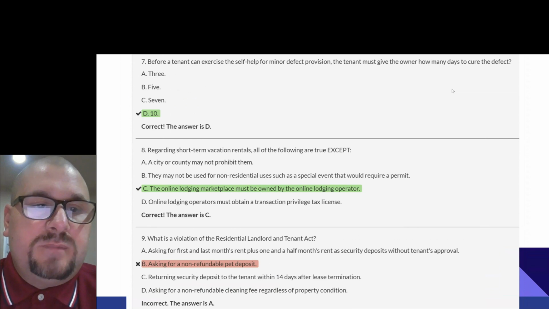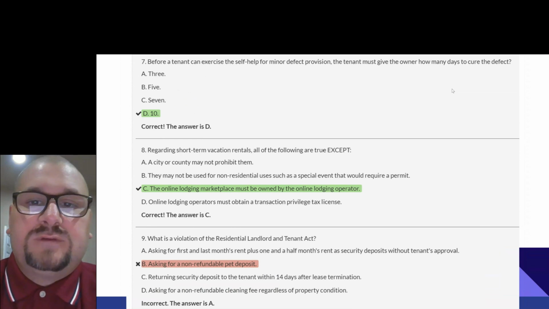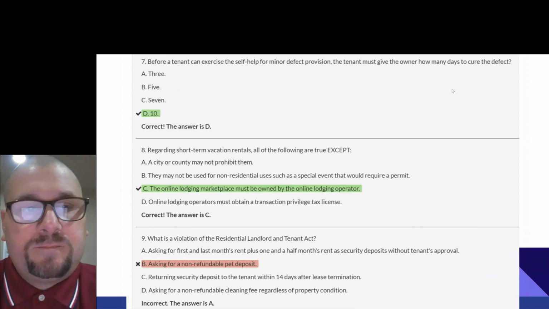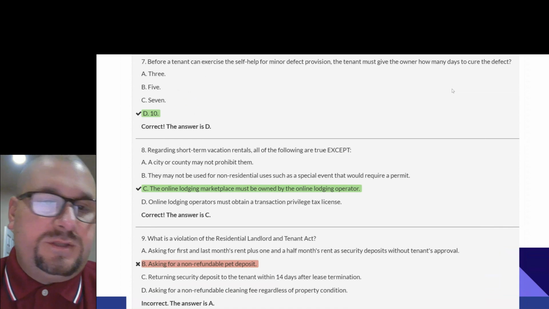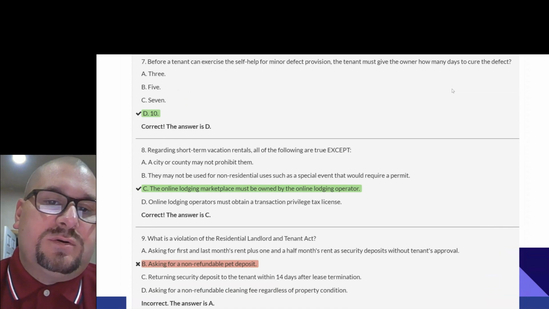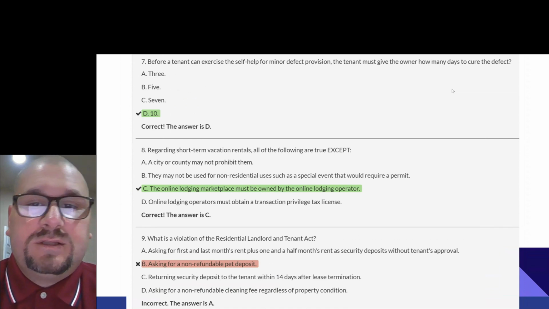True. They may not be used for non-residential uses, such as special events that would require a permit. True. Online lodging operators must obtain a transaction privilege tax license. True. The online lodging marketplace must be owned by the online lodging operator. That is not true.